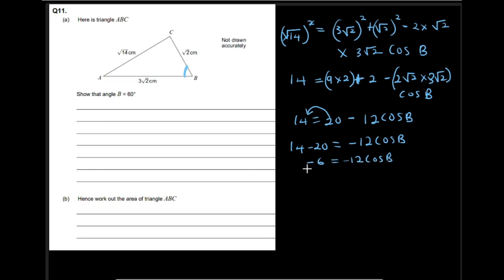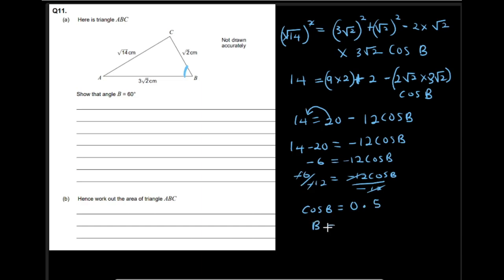To get B, divide both sides by minus 12. So you have minus 6 over minus 12 equals minus 12 cos B over minus 12. This cancels this. So we have cos B equal to minus divided by minus, 6 divided by 12, which is 0.5 or half.